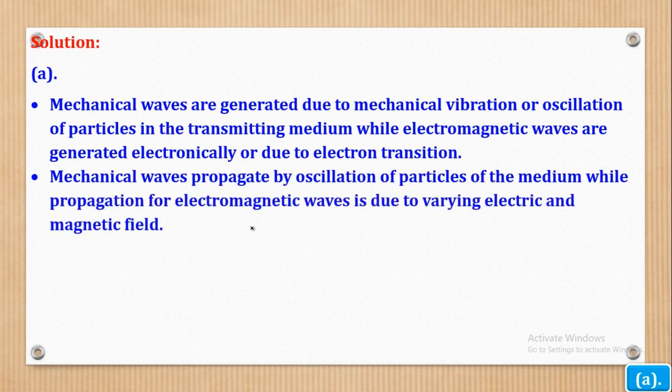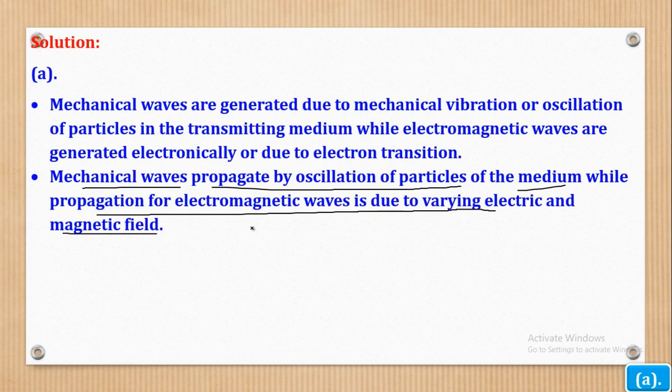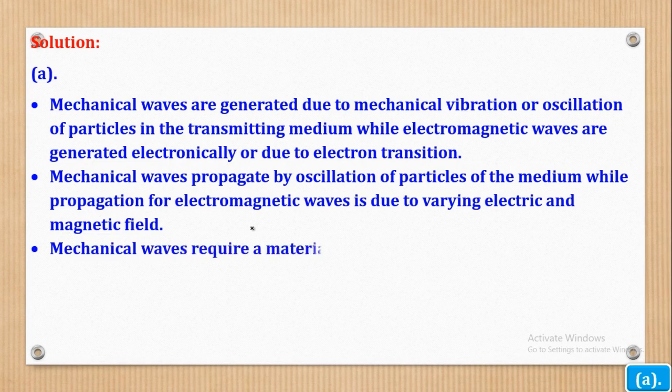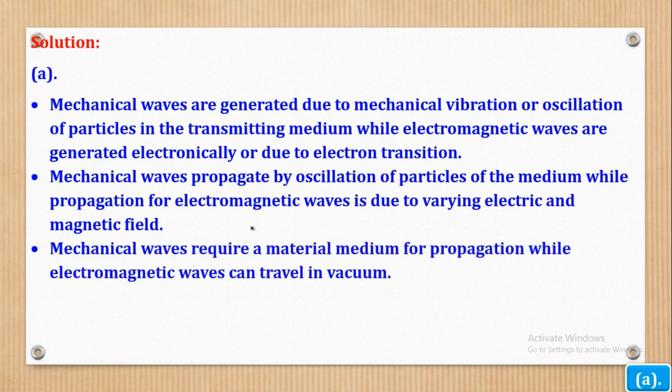Then 2 shows that mechanical waves propagate by oscillation of particles of the medium, while propagation of electromagnetic waves is due to varying electric and magnetic fields. Then 3 shows that mechanical waves require a material medium for propagation, while electromagnetic waves can travel in vacuum.